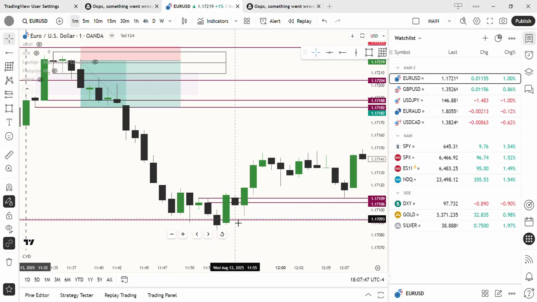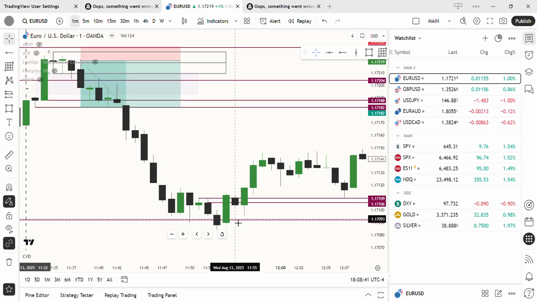When we wick above a swing high or low to create a break of structure, we use less risk if we take a position than normal because there's less bias confirmation in our favor.